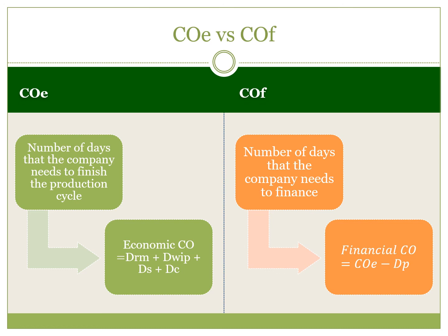This means that the financial cash operating cycle will be 20 days in total minus the 15 days that the suppliers allow the company to pay, so 5 days. The rest of the days are financed by the suppliers. So the company just needs to find financial cash in order to finance 5 days.